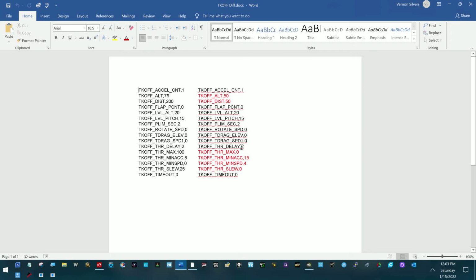I can set this to 0, this to 0, and this to 0, and I'll basically be doing a hand launch, and it will be moving my elevators up to maintain a 15-degree up pitch during the flight out to 50 meters away, where it'll start circling at 50 meters above that point, which is 150 feet, 30 feet higher than my normal return to launch is set, but I don't care about that.